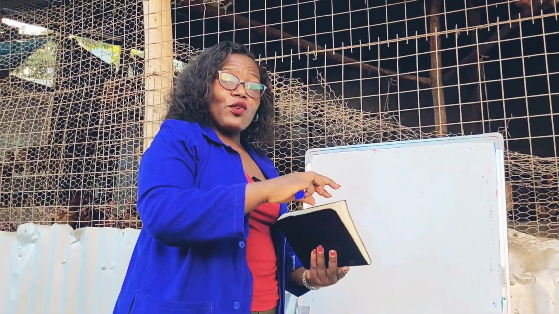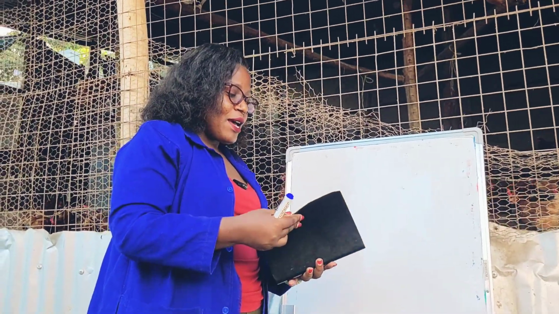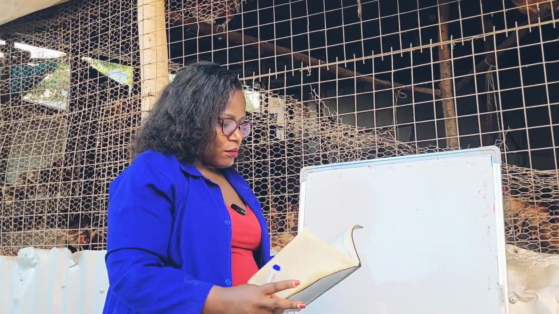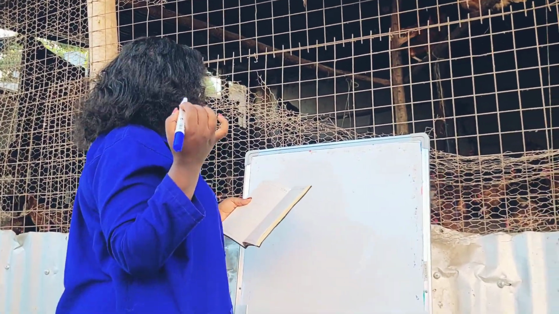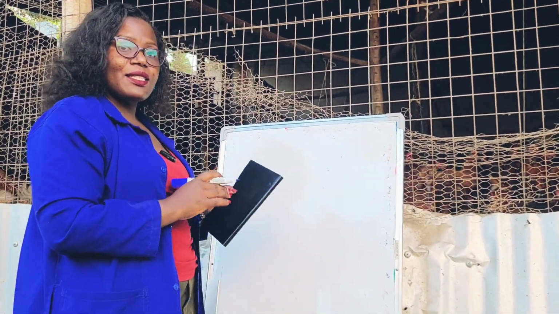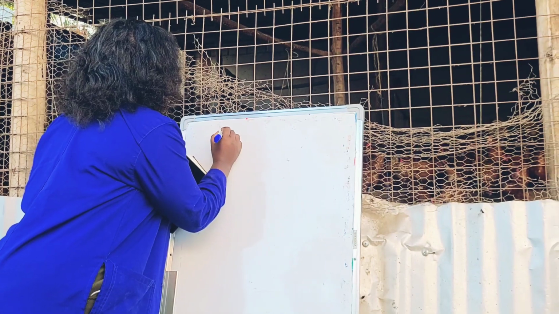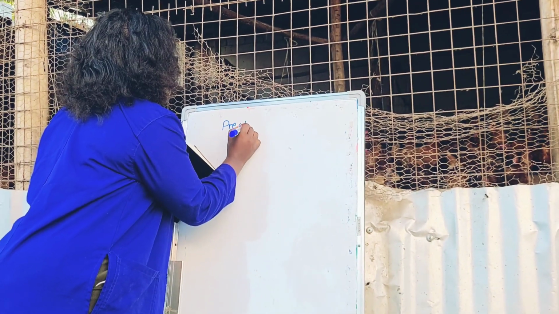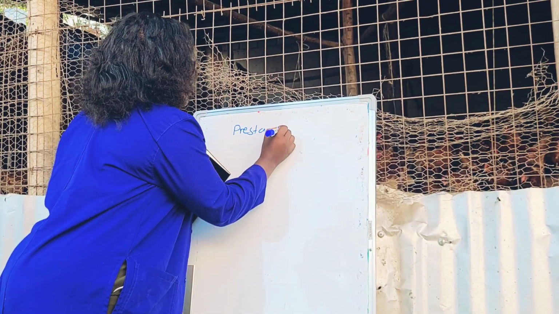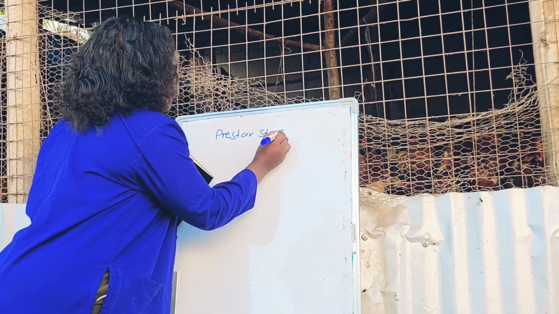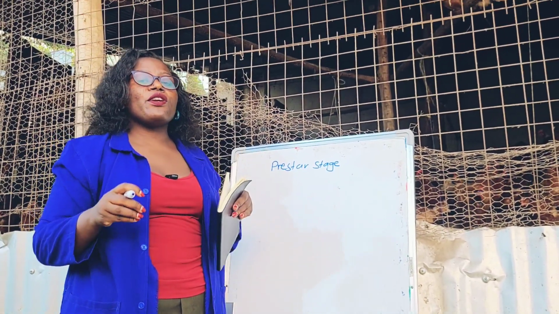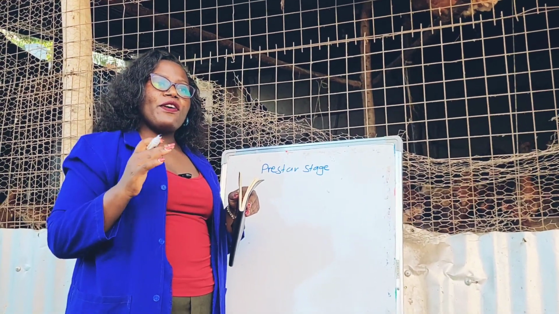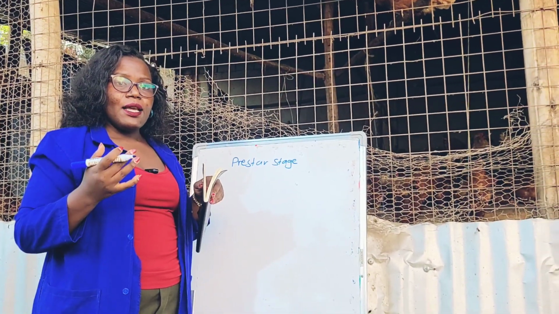So let's just go into the feeding formulas. So the first stage is the pre-starter stage. And at this stage, as we've said, when you bring your chicks at your farm, you first feed them with pellets.